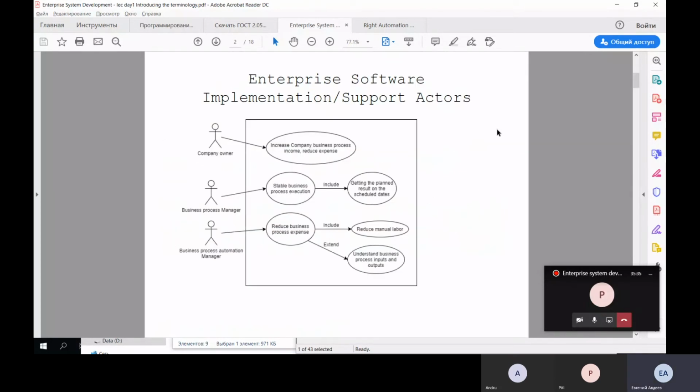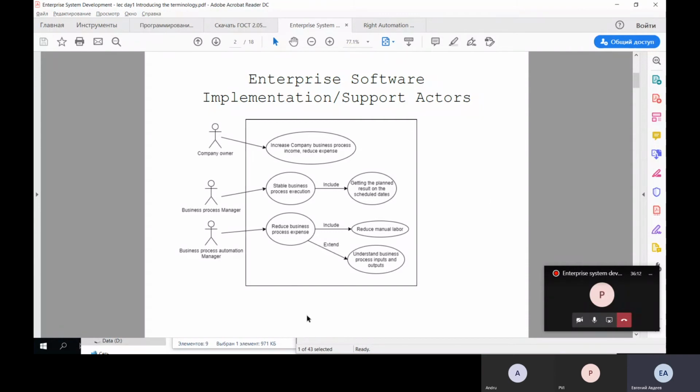Also, I want to talk about which actors work in this process. Usually, here are not all the actors, just some of them which I want you to focus on. Here is a situation where we have a company, an enterprise, and some actors of the enterprise.